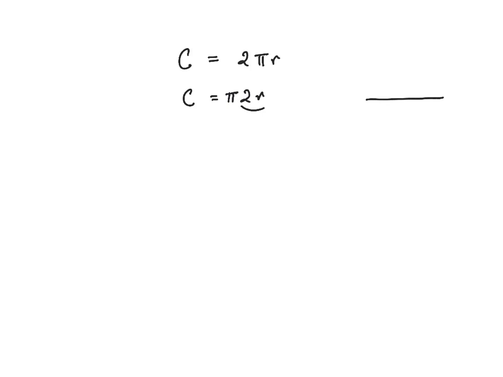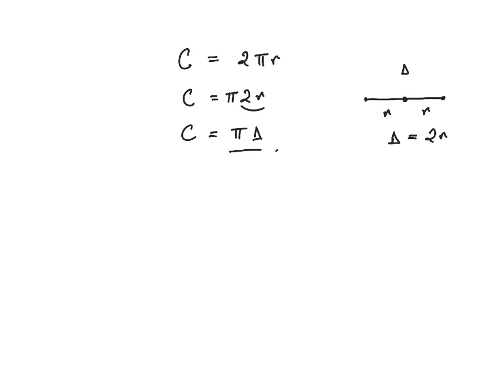I wonder if you remember that the diameter, which is the distance from one point on the circumference through the centre to the other point, is equal to 2 lots of the radius. So what I can do then is write that formula, circumference equals pi d. It gives us exactly the same answer.